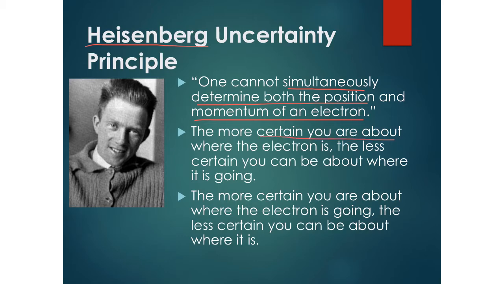The more certain you are about one of those two things, the less certain you are about the other. So if you're more certain of the electron's position, you would be less certain of its momentum, or vice versa. You basically can't pinpoint its momentum and its location at the same time.